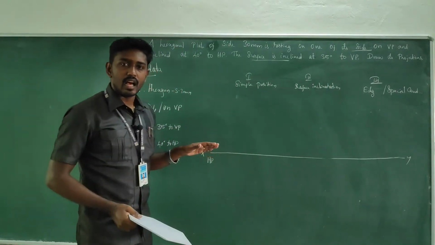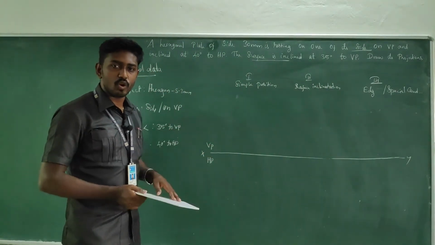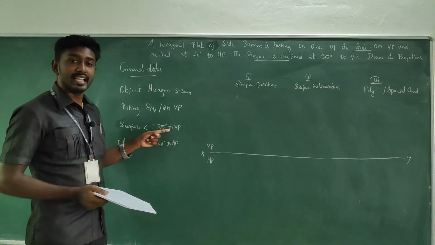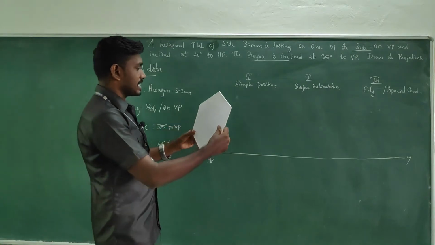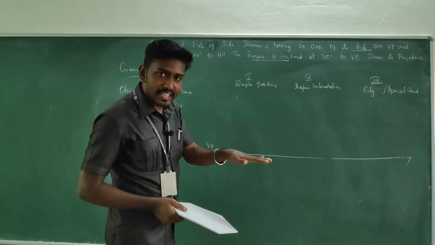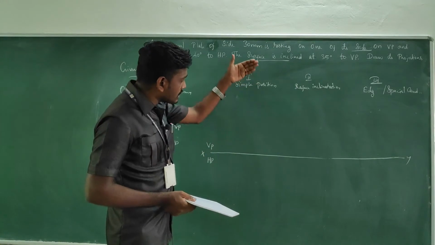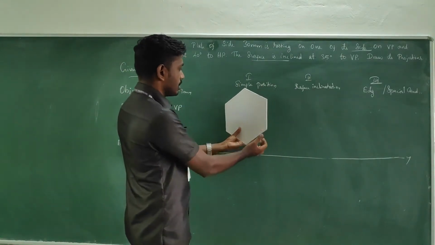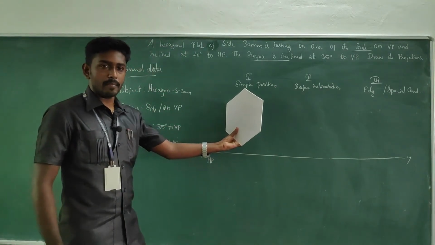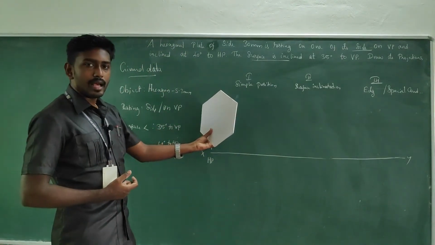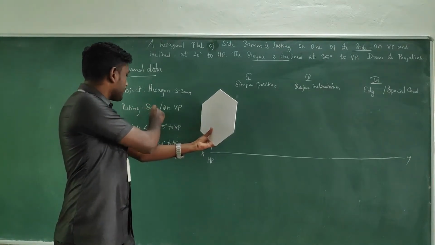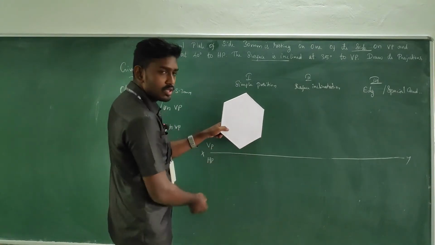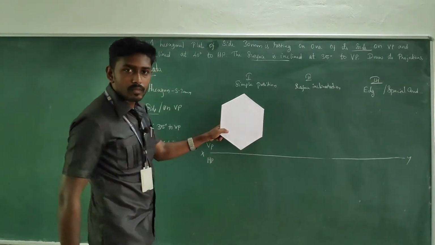So as far as this question is concerned, how do we place the object in the first quadrant? For that you have to see the surface inclination, which is making 35 degree to VP. If I consider this as the ground, the horizontal plane, and this board as the vertical plane, I can say the object is something like this. And see how it is resting with a side. When you are tilting, if I tilt the object something like this, one of the sides should rest on the HP.